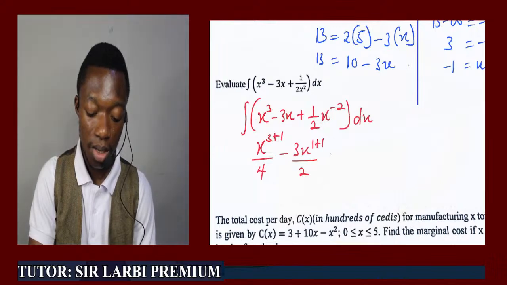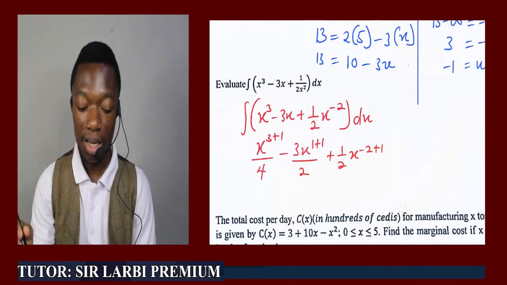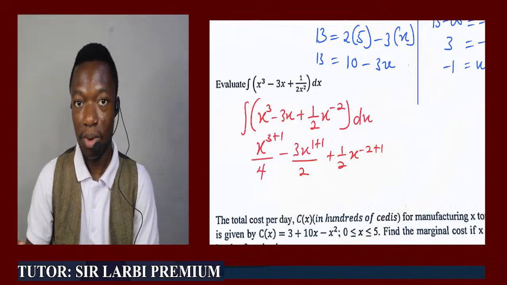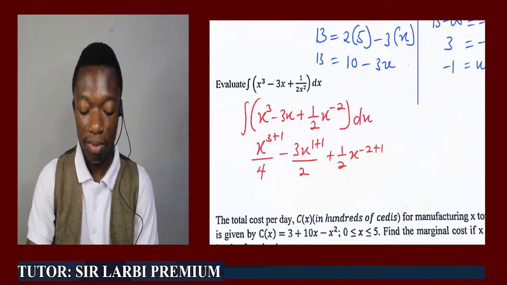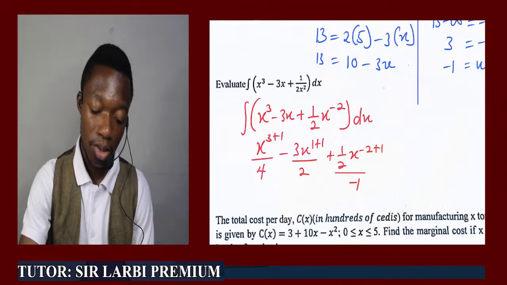Then we do the same here too. We have 1 over 2 x to the power negative 2 plus 1. Negative 2 plus 1 is going to give me negative 1. So I will divide all by negative 1. So what will you get at the end of the day?